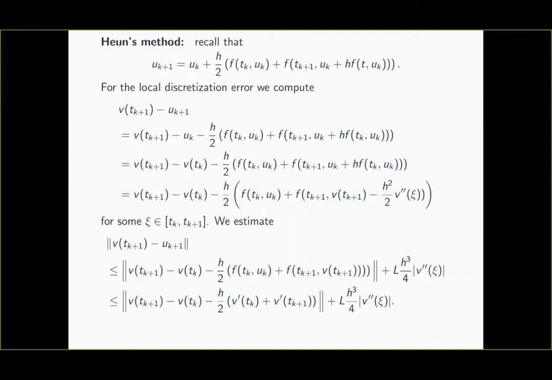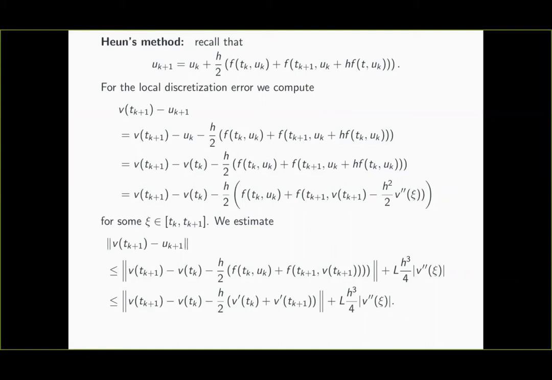So in order to get the local discretization error for Heun's method, let us start by just writing down the local discretization error, v(t_{k+1}) minus u_{k+1}. And of course we substitute u_{k+1}. So this equals v(t_{k+1}) minus u_k minus h over 2 times f(t_k, u_k) plus f(t_{k+1}, u_k plus h times f(t_k, u_k)).